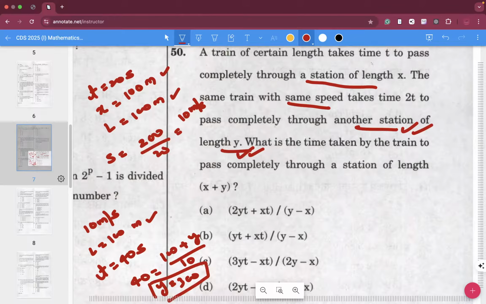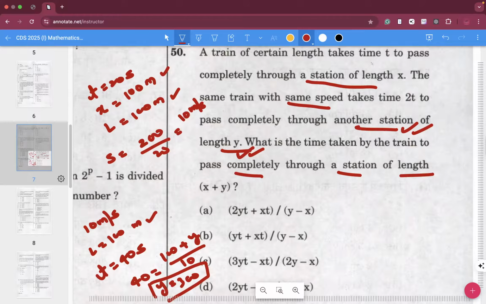So what is the time taken by the train to pass completely through a station of length x plus y?